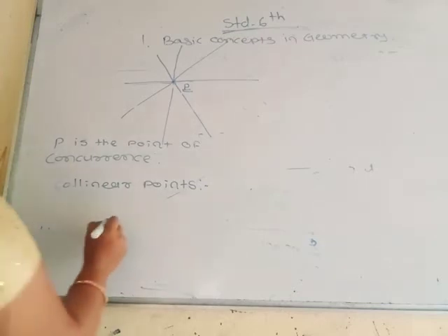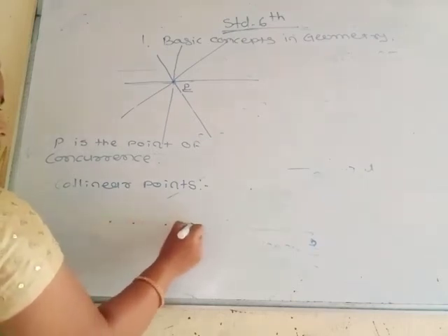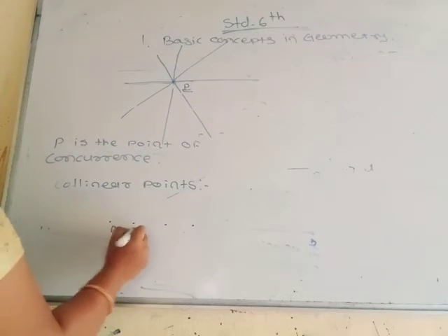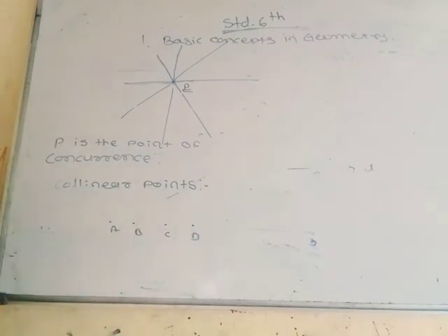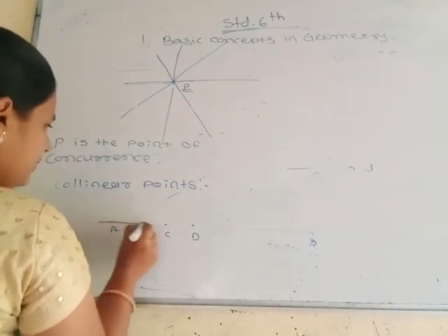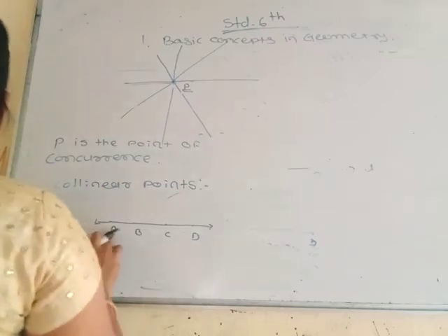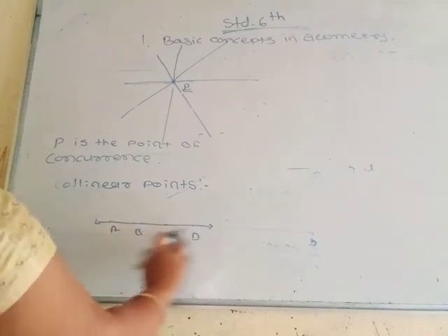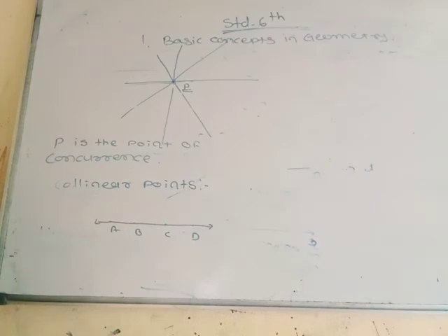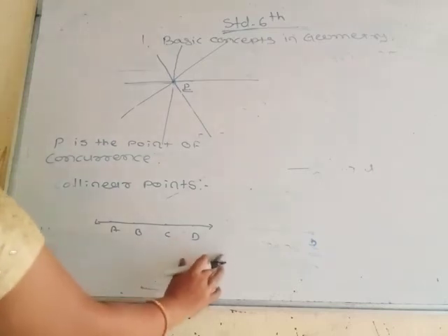Take 4 points A, B, C, D. In this figure, points A, B, C and D are on the same line, so these are collinear points.